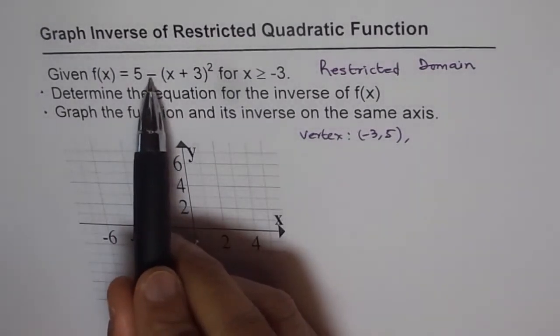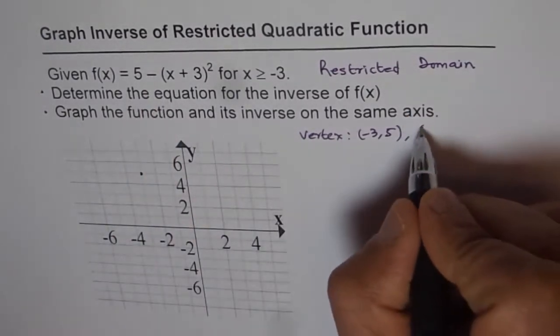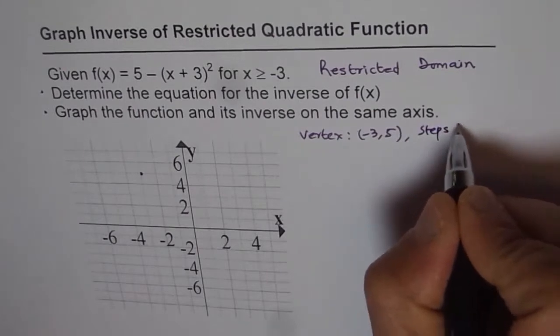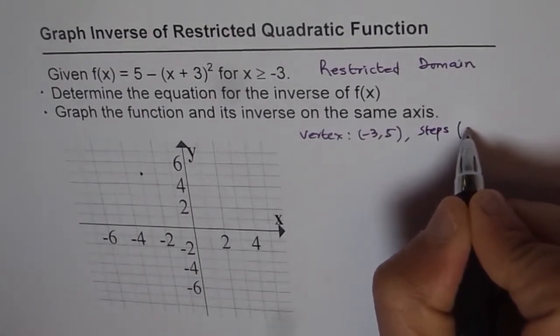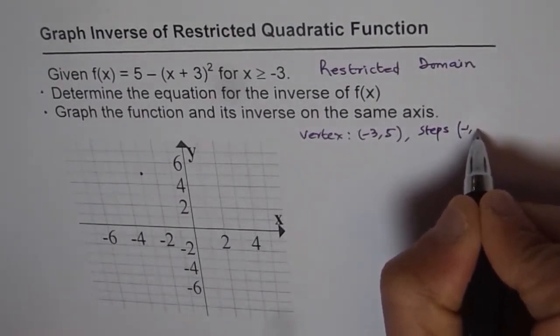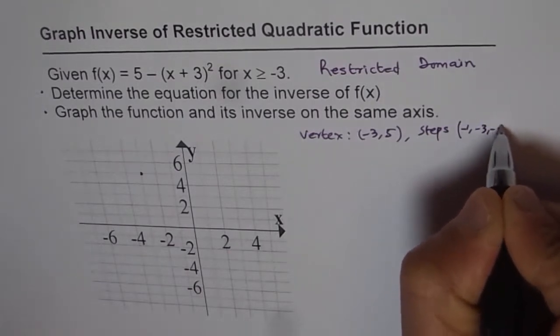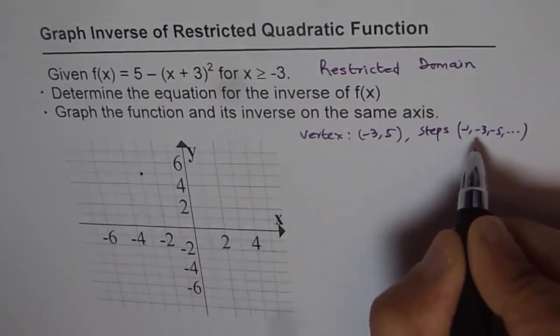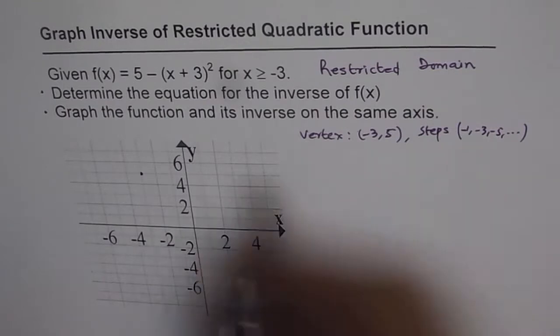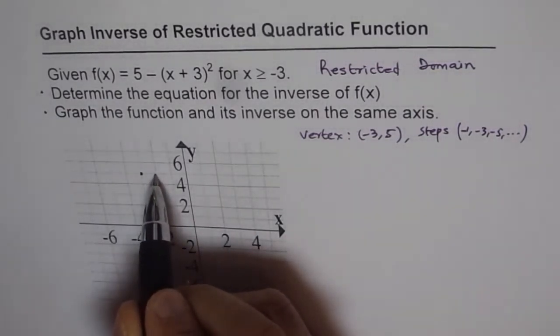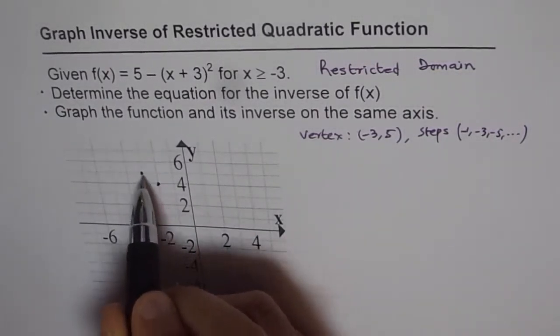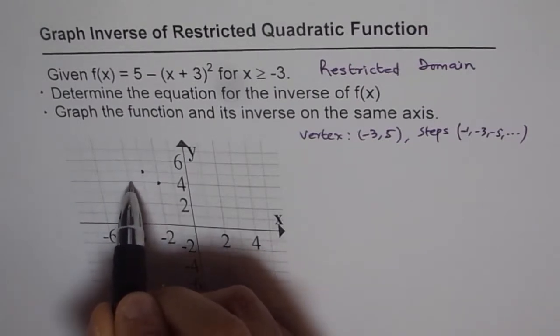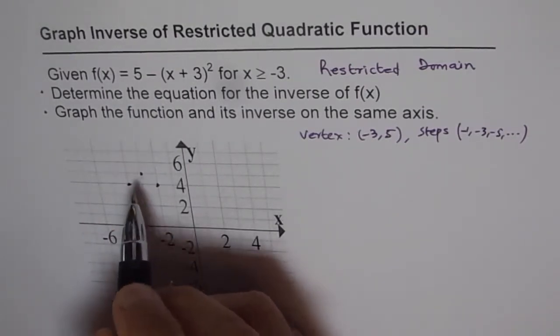Since this is multiplied by minus 1, my steps are 1, 3, 5, 7 with a minus sign. So it is minus 1, minus 3, minus 5, like that. If I move 1 unit to the right, I have to go 1 unit down. And from the symmetry, I know my next point is also on the other side.